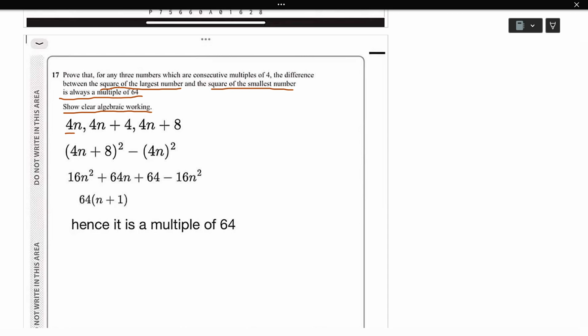The condition is largest number squared minus smallest number squared. So (4n plus 8) whole squared minus (4n) whole squared. We are expanding (4n plus 8) into (4n plus 8), so 16n squared plus 32n plus 32n plus 64.